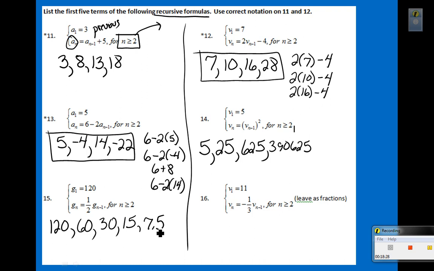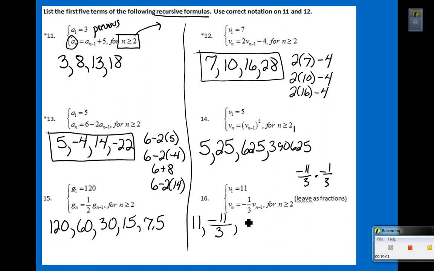My number 16. Your first term is 11. Well, now I need to take 11 times negative 1/3. You can do that in your calculator. I'm just going to multiply straight across, though. 11 times negative 1 is negative 11 over 1 times 3 is 3. Now I'm going to take negative 11/3 times negative 1/3.